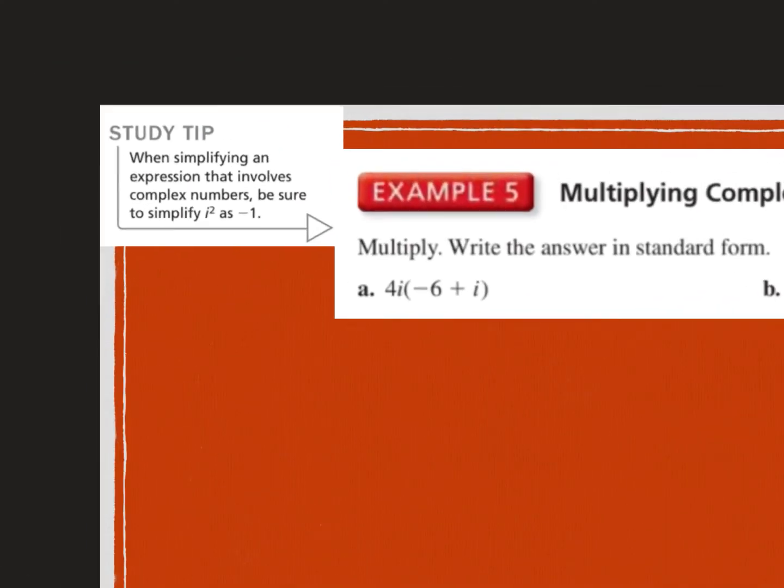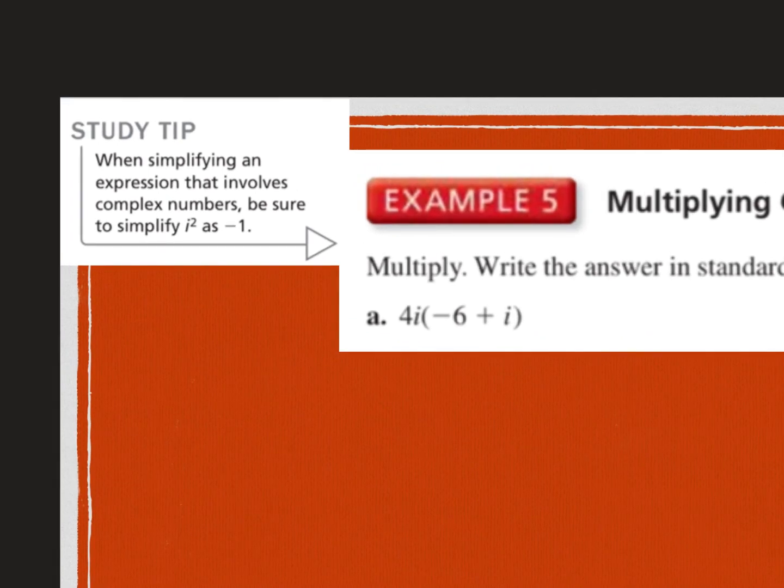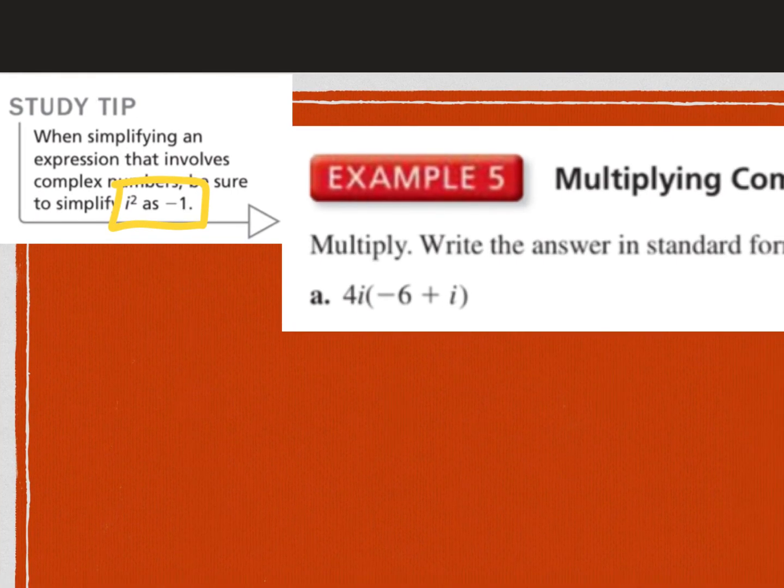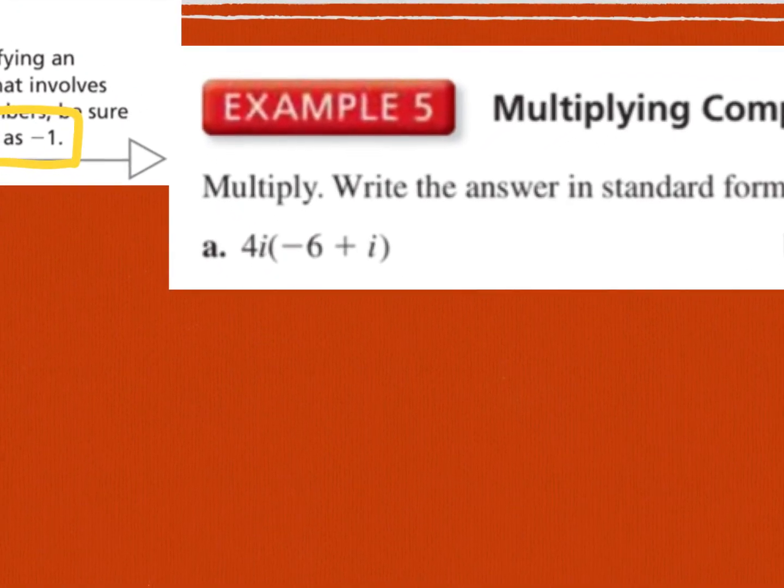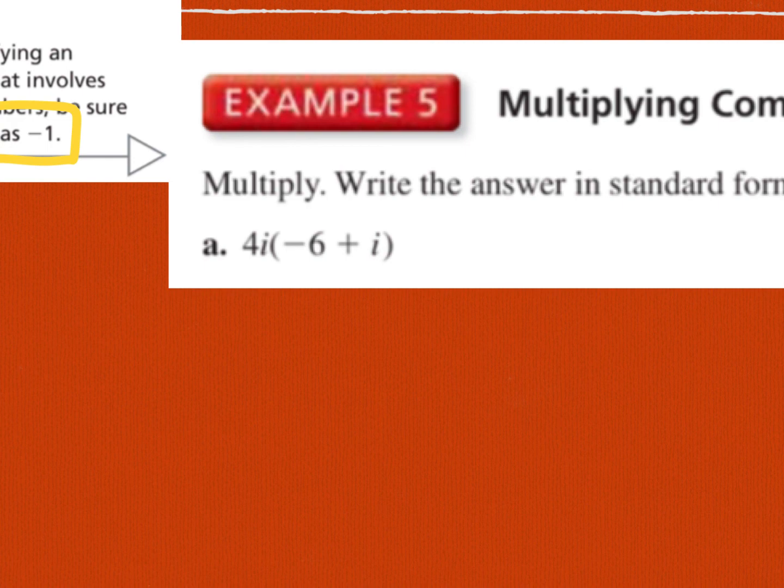So when we multiply, we just have to keep in mind that if I ever have an i squared, it is negative 1. So if I have an i squared, I want to change it to be negative 1. So looking at A, how can I multiply these together? Distribute.